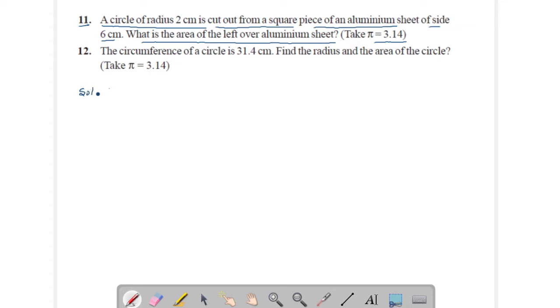Solution of question number 11. Here what is given to you? Radius of circle equal to 2 cm. Therefore, area of circle equal to pi r square.